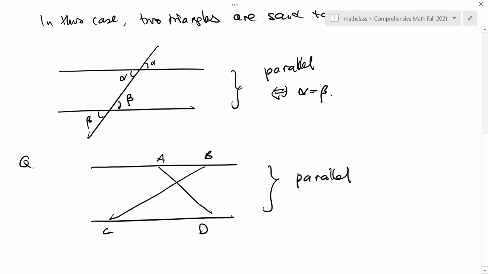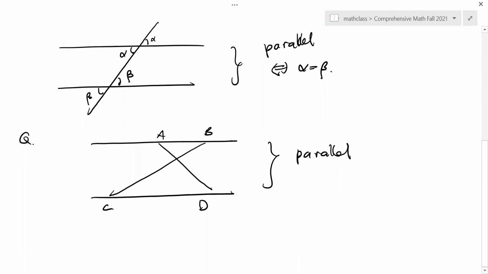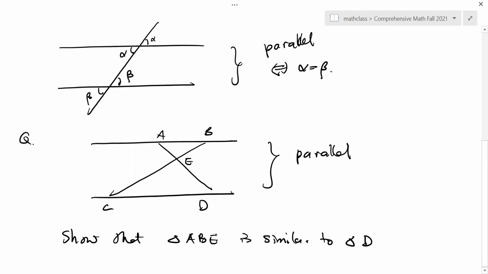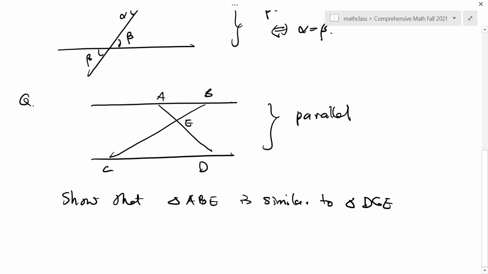Can you show that this triangle ABE, where this is E, is similar to the triangle DCE? There's a correspondence here.